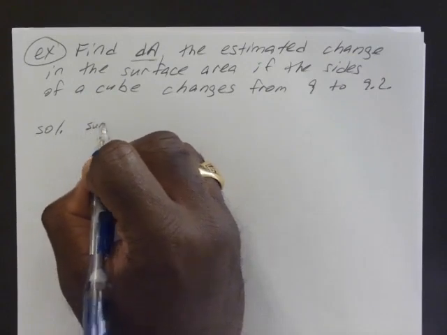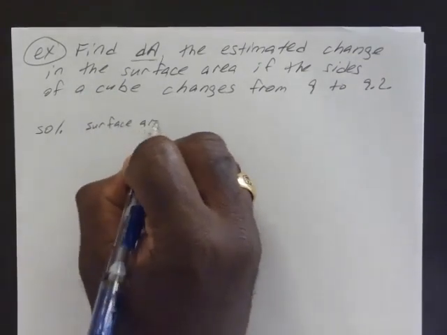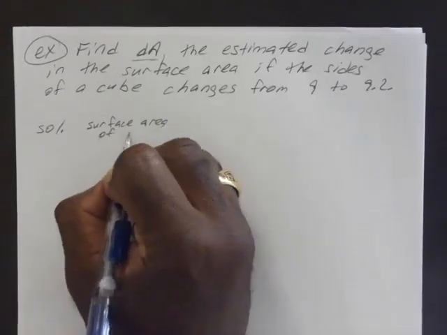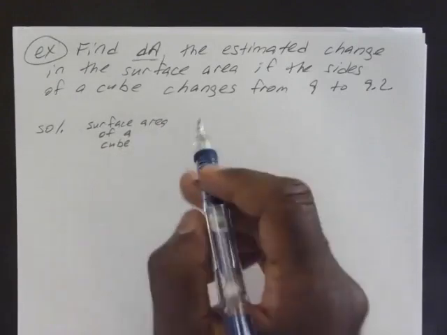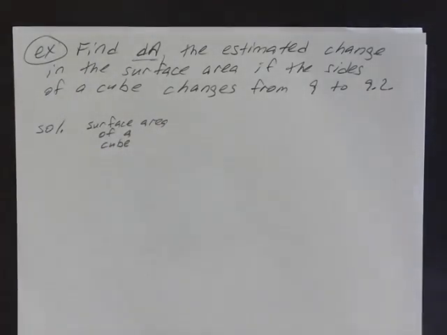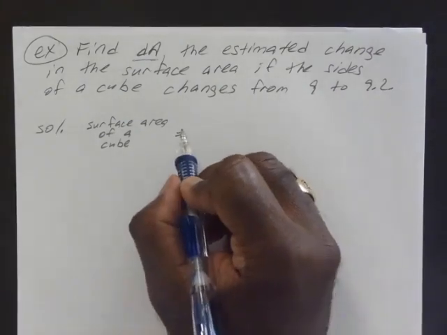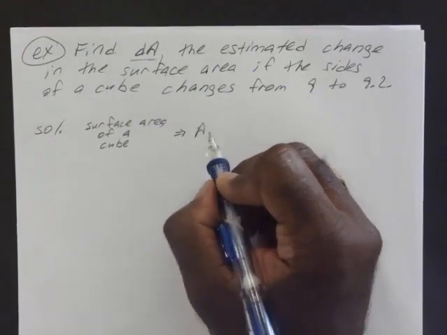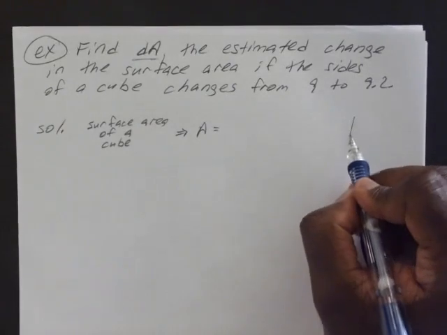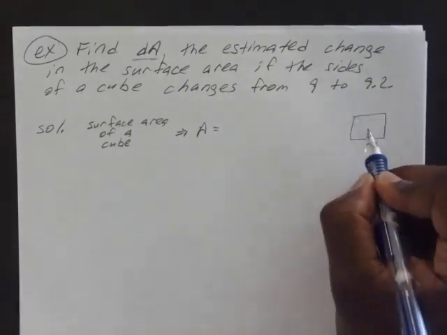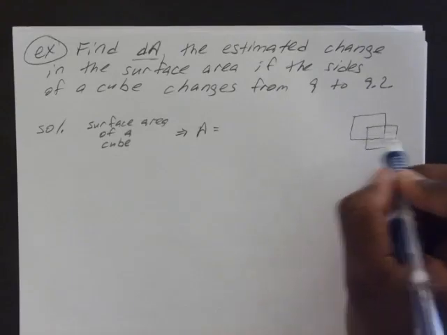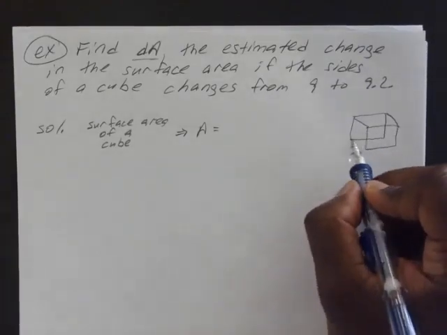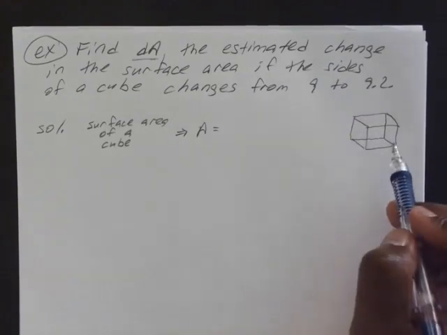So the surface area of a cube is just the length times width of one side, but since it's a cube, all the sides are the same surface area, so it's just the length times width times 6. Let's draw out our cube and shade in the front.